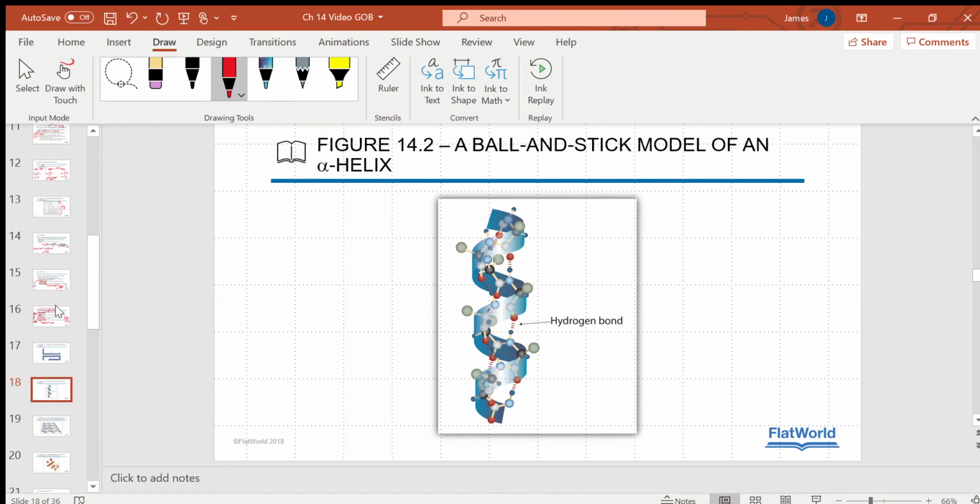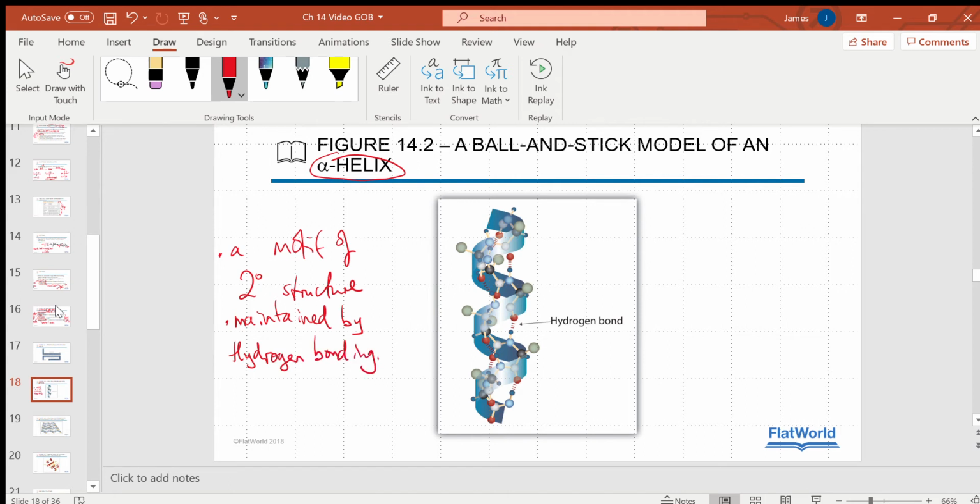This is what an alpha helix looks like. So this is one of the motifs of our secondary structure. It's held together via hydrogen bonding, so it's maintained by hydrogen bonding. And you can see the hydrogen bond in here.